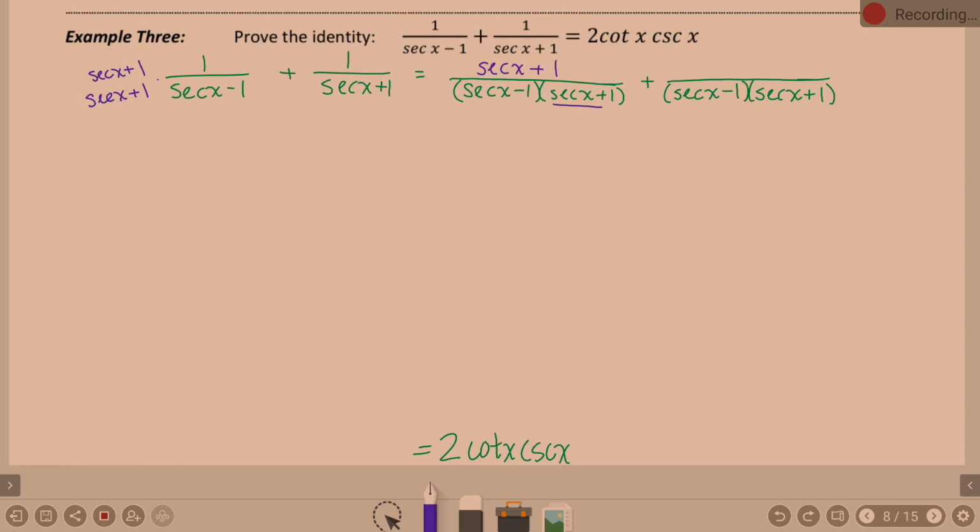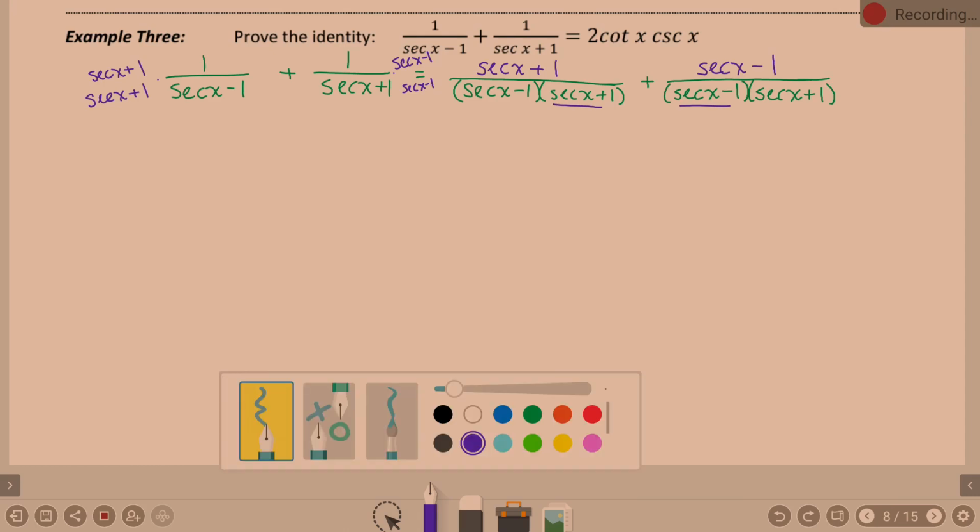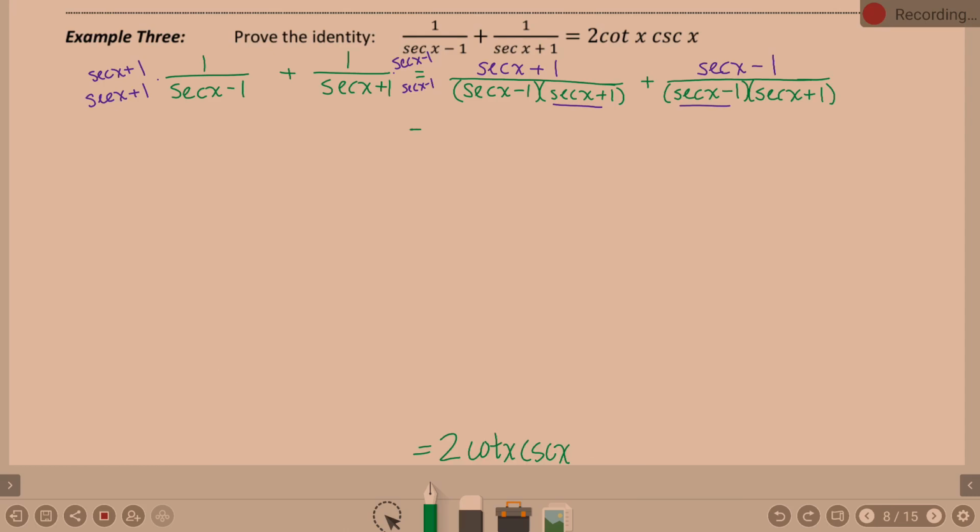Second fraction. We have secant x plus 1. What are we missing? We're missing the secant x minus 1, right? And 1 times secant x minus 1 is secant x minus 1.